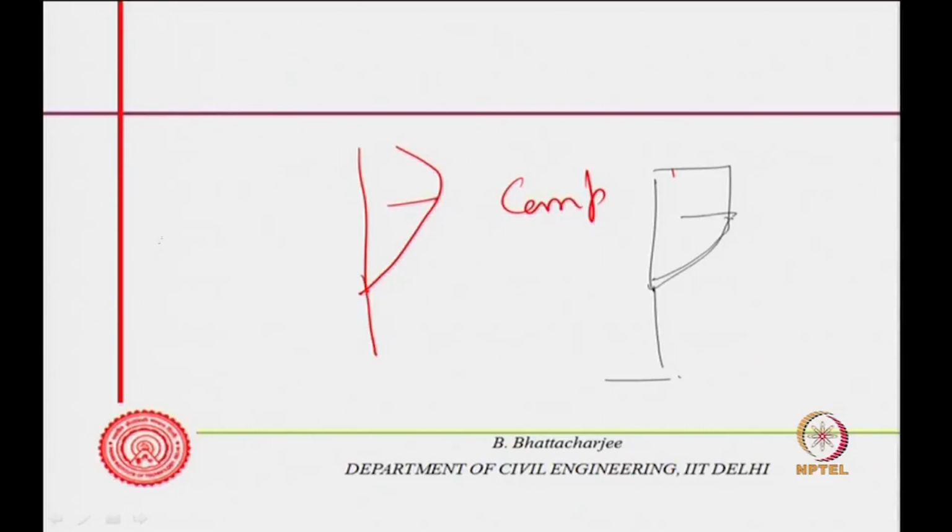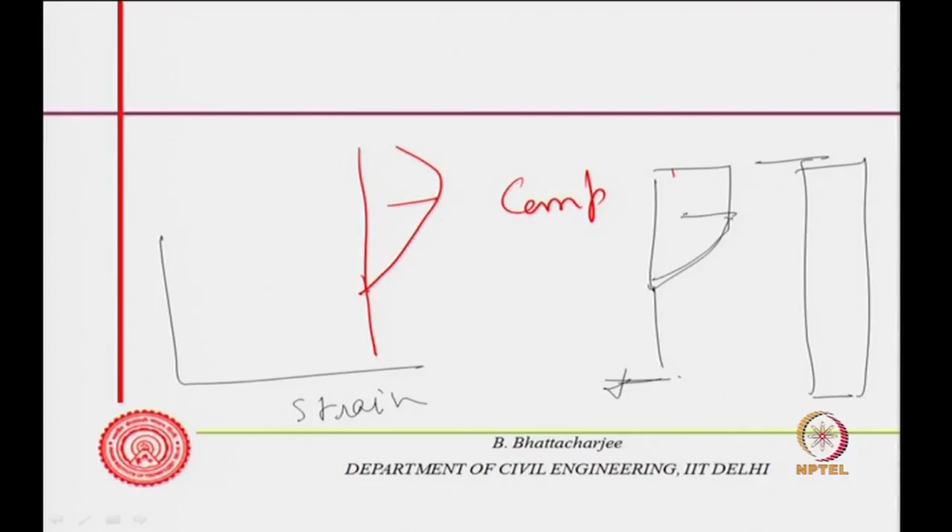This is the strain in flexure. If I am looking at a section of a beam, this is the steel reinforcement, this is the concrete. The stress strain curve will be like this, stress versus strain. If you have seen the idealized stress strain curve, it will be 0.002 here and 0.0035, and this is fc, the maximum failure stress.